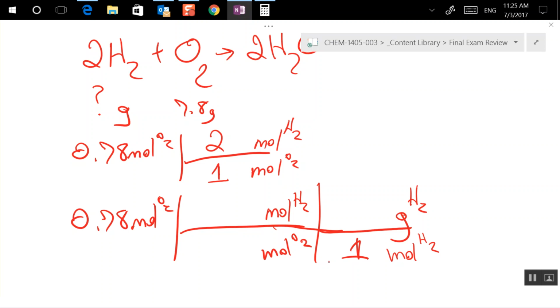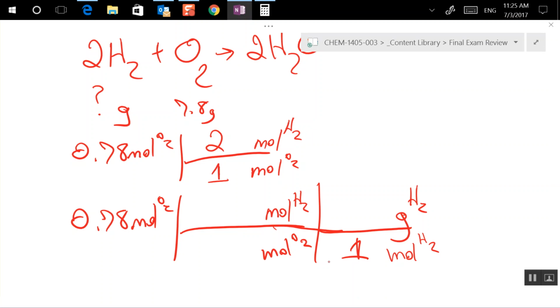Why don't I put a 2 there? That's not the relationship. It's how many grams for every 1 mole. That's what I want to know. That's the relationship. If it was for 2 moles, 1 mole of hydrogen weighs how much? 1 H2, I'm sorry. 2. Okay?